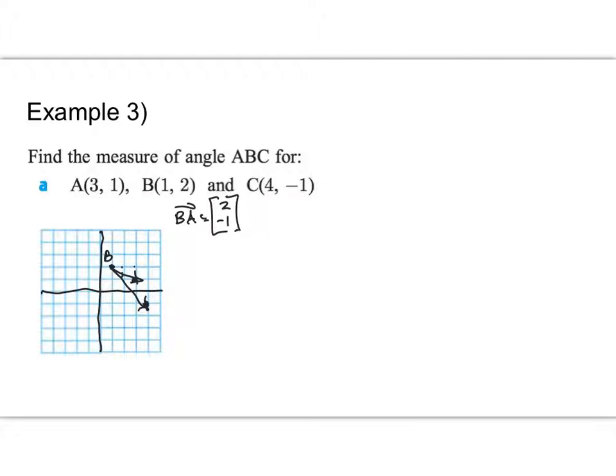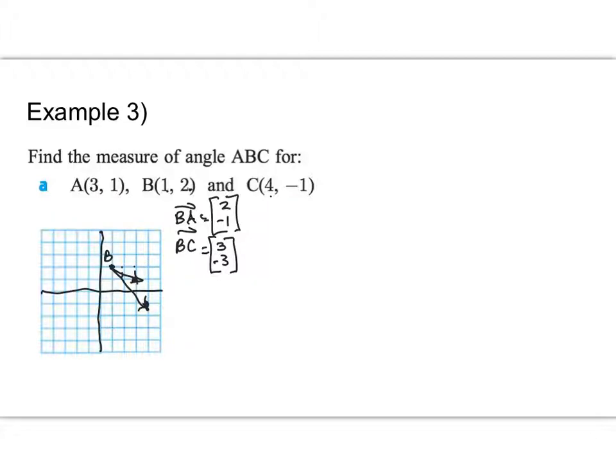And then if I want to find the vector from B to C, I'm going to the right 3, and from 2 to -1, I'm going down 3. So that's my vector for B to C.